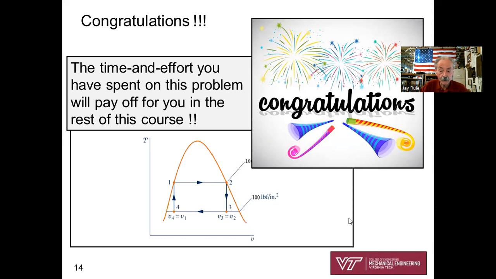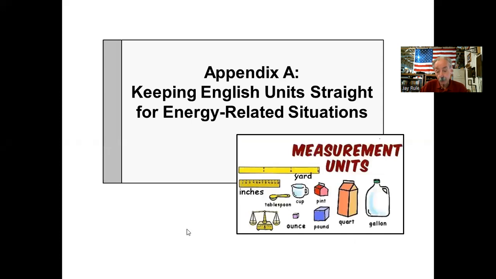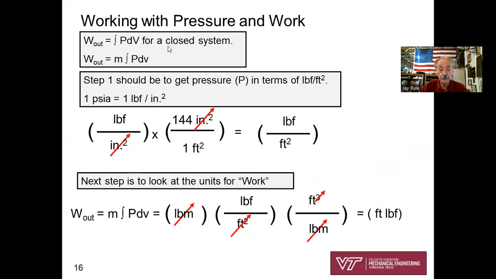Now for our crash courses, 2 crash courses. Oh, before the crash courses, I'm going to blaze through this appendix, keeping English units straight for energy-related situations like this one. For those of you crunching the numbers, working with pressure and work, recognize that work has units. Work in English units is going to have units of foot-pounds force.